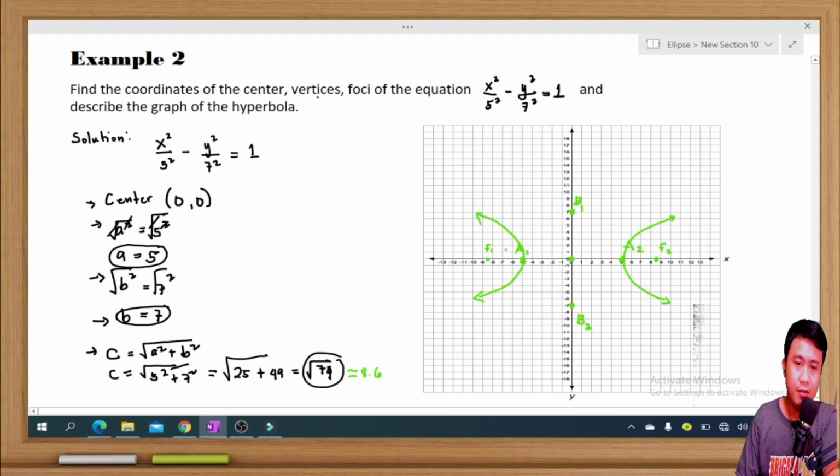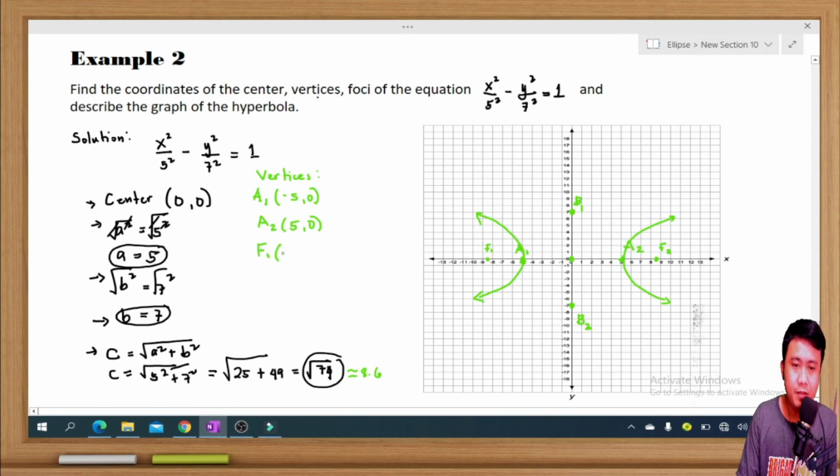Okay. If we're going to get, of course, the value of our vertices, yung A sub 1, that is negative 5, 0. Ito yung mga vertices natin. At yung isa naman na vertex natin ay positive 5, 0. Yung A sub 2.